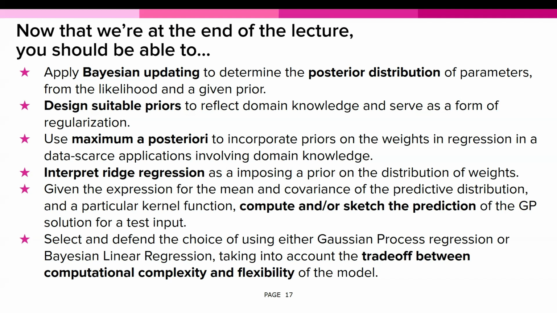Even though Bayesian linear regression is a special case of a Gaussian process for a particular choice of fixed basis functions, solving the problem in one way is going to have different computational costs than solving it the other way. So it's important to take into account the trade-off in computational complexity, depending on the size of the training data set that you're working with, as well as the number of fixed basis functions in your model.